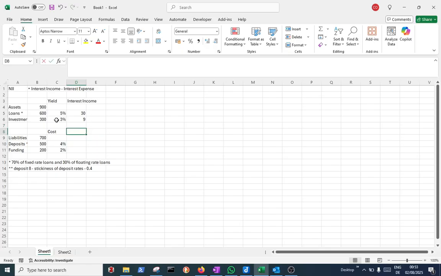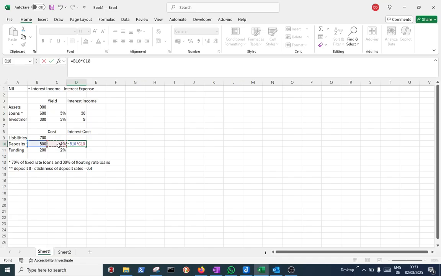Interest cost. For deposits, we shall have 500 per 4%. And for funding, 200 per 2%.